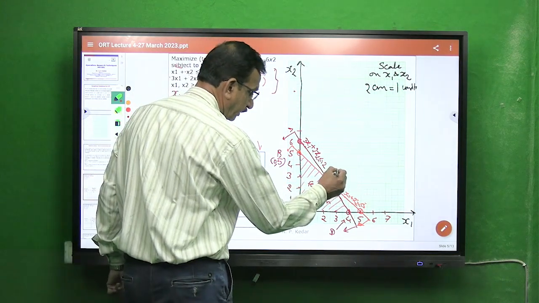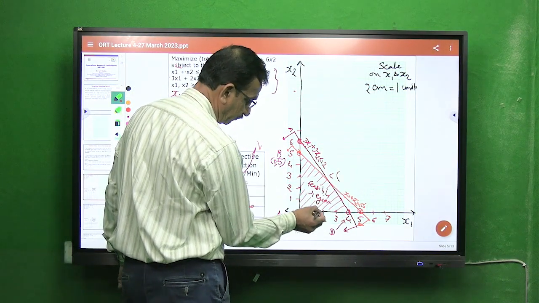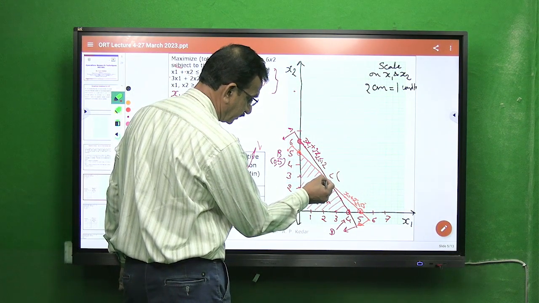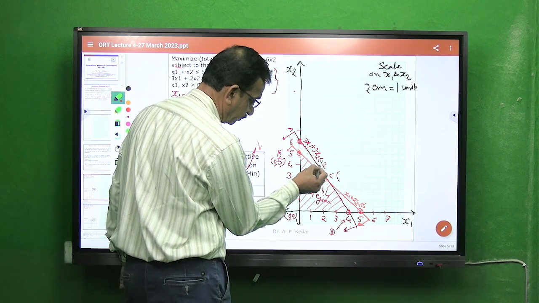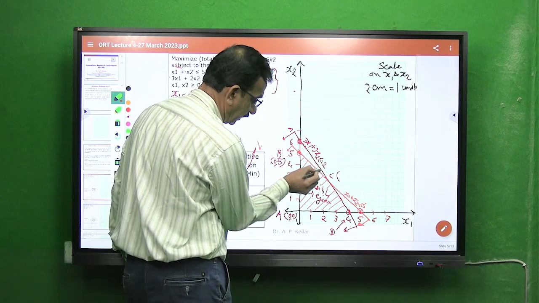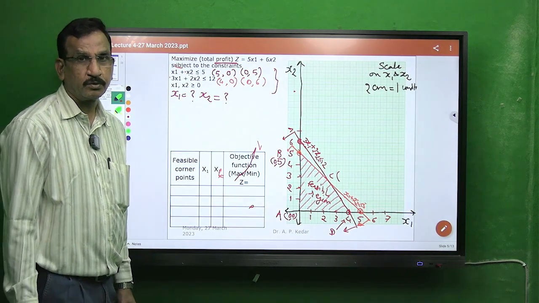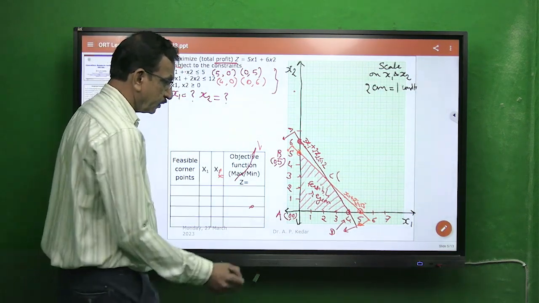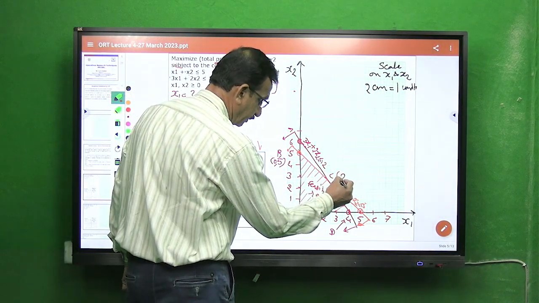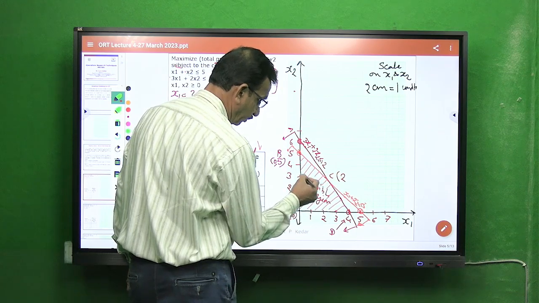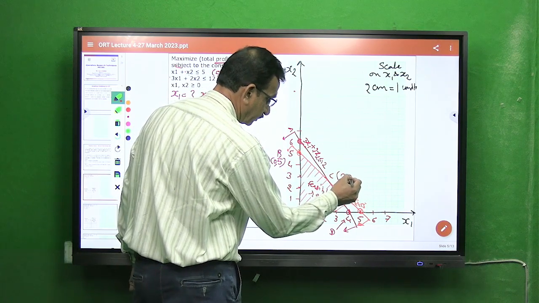This is the C coordinate. It will be lying somewhere here, because I have drawn the line with my hand without using a scale, so it is not straight. It is approximately reflecting 2 on this axis and 3 on the other.